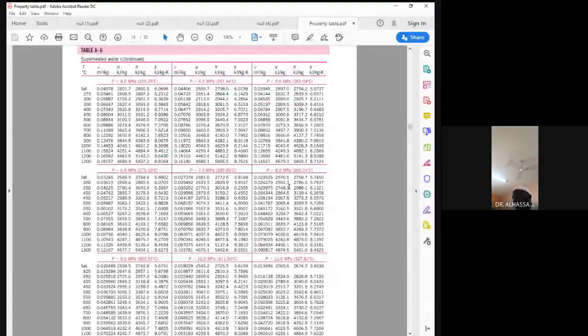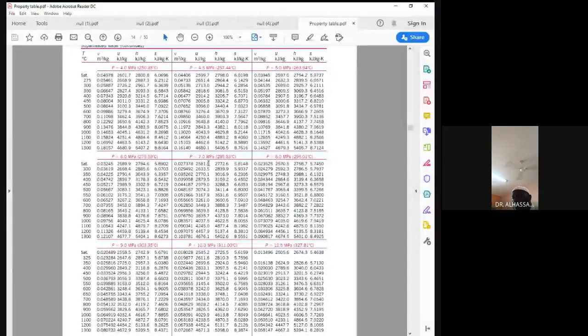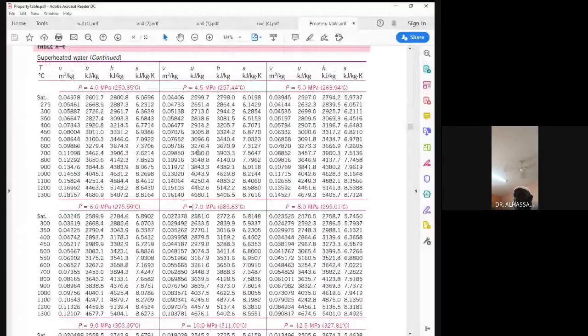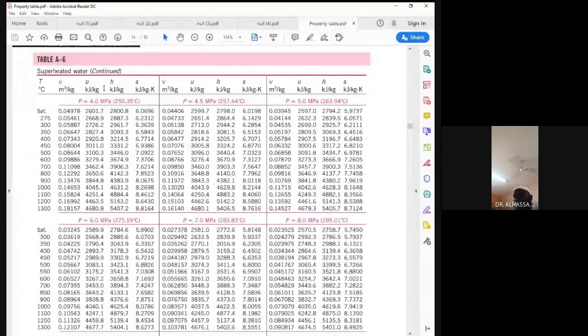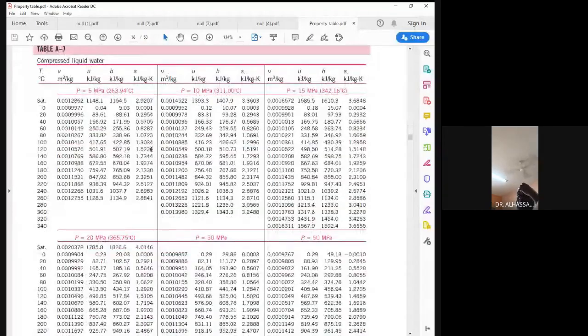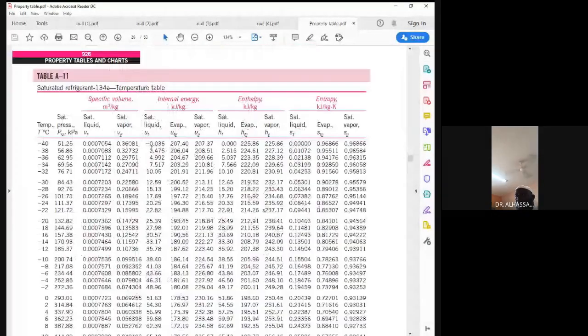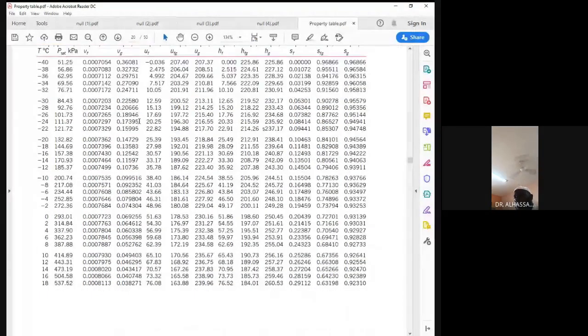We are talking about this temperature. This one is saturation for water, but for refrigerant, this is refrigerant 134A, and these are its properties.